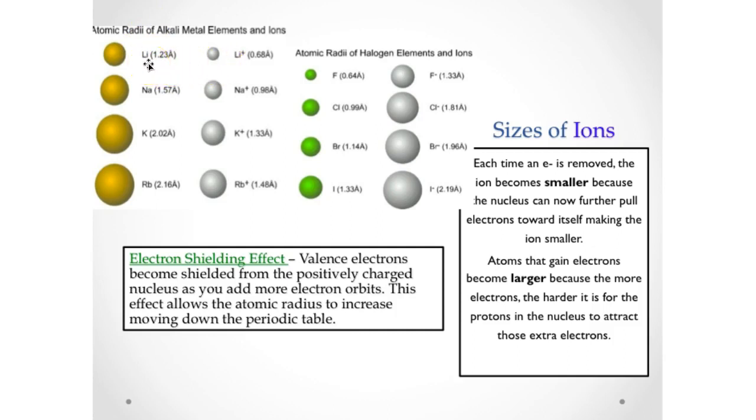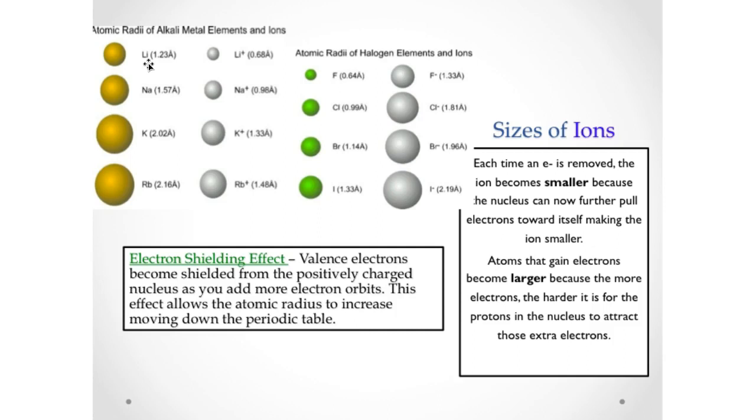If lithium loses an electron, that means that the nucleus is going to be more attracted to the electrons that are on the outside because there's one less electron that is shielding or getting in the way. So we're removing electrons, we're not removing any protons. The number of protons stays the same.